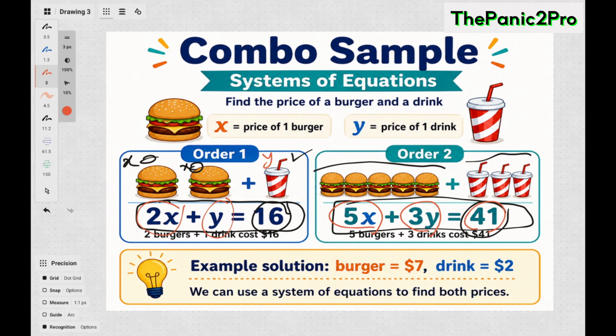That's something that we can figure out by solving a system of equations. In this case, we will figure out that each burger is going to cost $7 and each drink is $2, but how we can get to those numbers, that's something I will be talking about in the example in just a couple seconds.